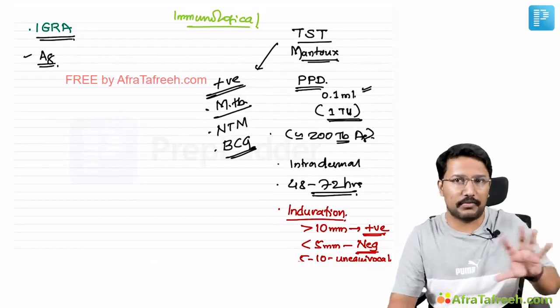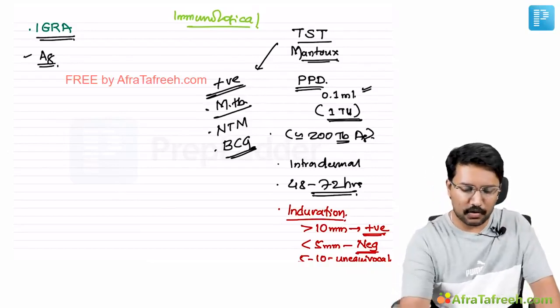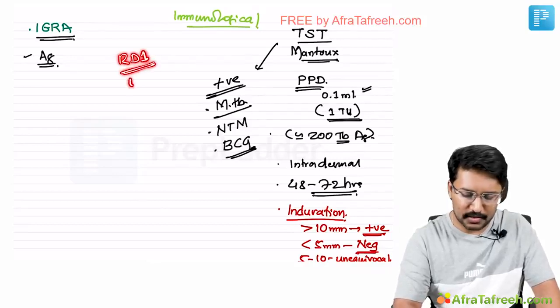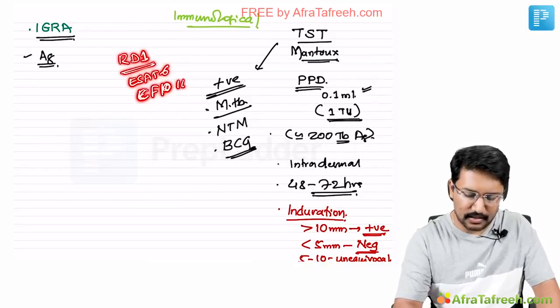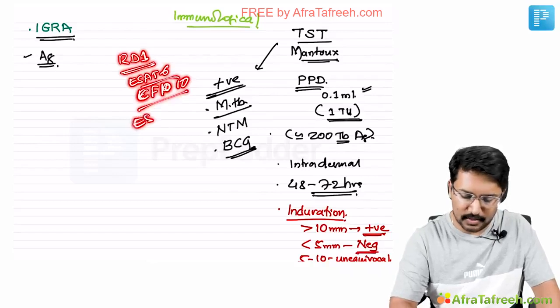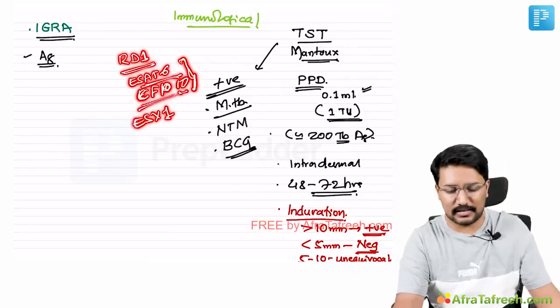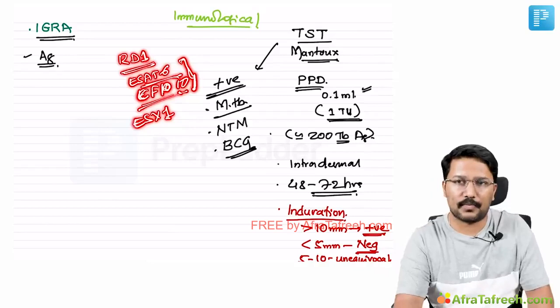Because if you remember, when we were discussing the pathophysiology, we were talking about this one virulence factor locus called RD1, which is concerned with secretion of ESAT6 and CFP10 and our secretory system ESX1, right? So we are basically exposing the patient to these two antigens, ESAT6 and CFP10.